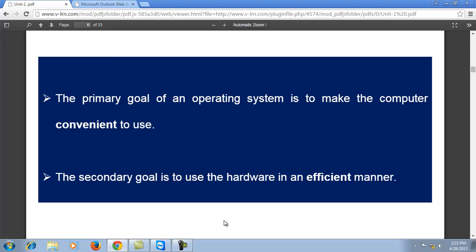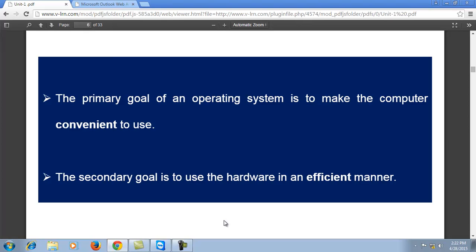In the same manner, a user cannot interact with the device if there is no operating system. Like our computer system, if we do not install Windows, how can we interact with it? We just buy the different parts of a computer from the computer shop or market and assemble them.